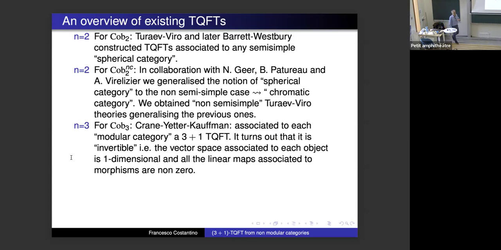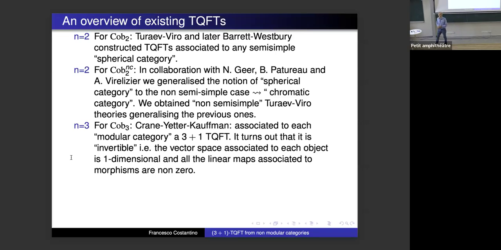In dimension 3, meaning 3-manifolds are the objects and 4-manifolds are the cobordisms, there is the famous Crane-Yetter theory, Crane-Yetter-Kauffman. Crane-Yetter defined invariants, and with Kauffman realized it could be extended to a TQFT. But unfortunately, it is well known that it is not sufficiently interesting from a topological point of view because it is invertible.